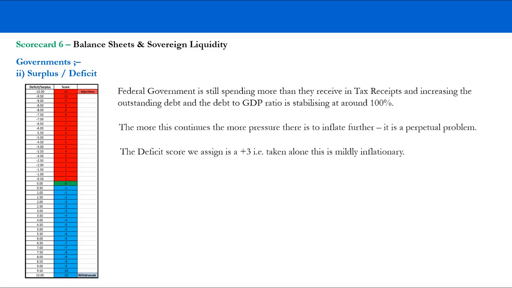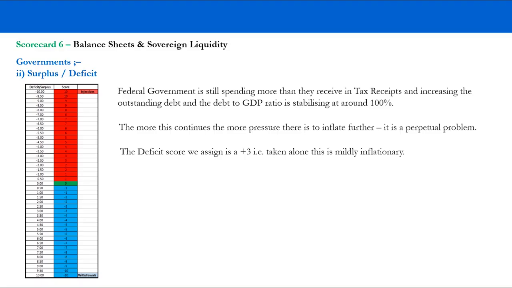So when we take these together, we now have a score of 13 positive on a scale of -20 to +20. So -20 being the most deflationary situation and 20 being the most inflationary situation. We now score 13 combined on these two variables, which is obviously very inflationary.